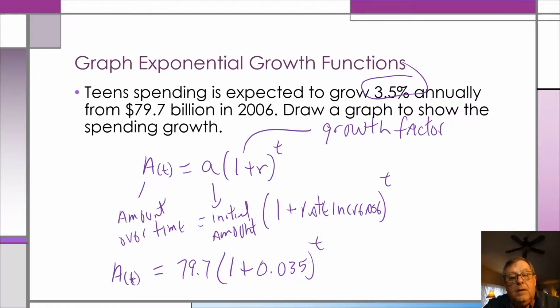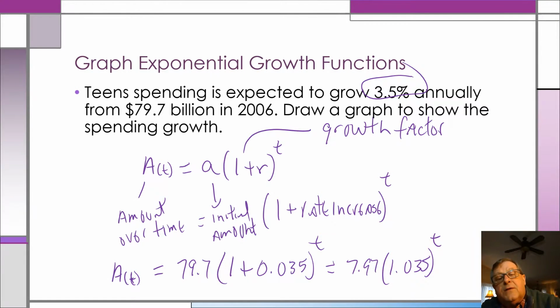And I can go ahead and perform that math inside the parentheses. Then we would have 79.7 times 1.035 raised to our exponential power.